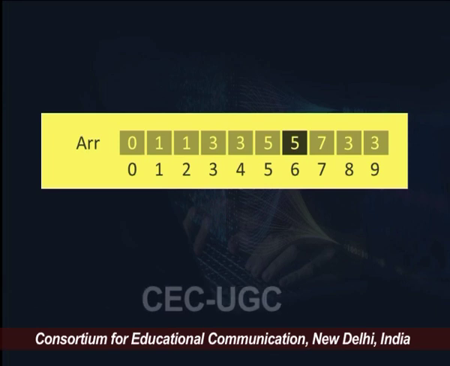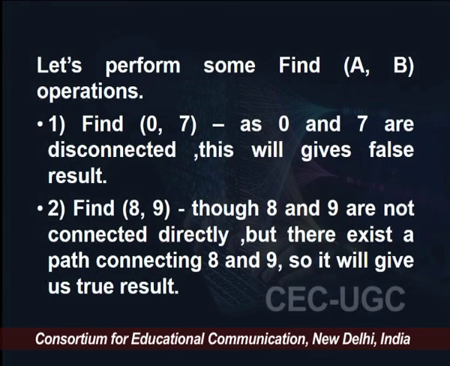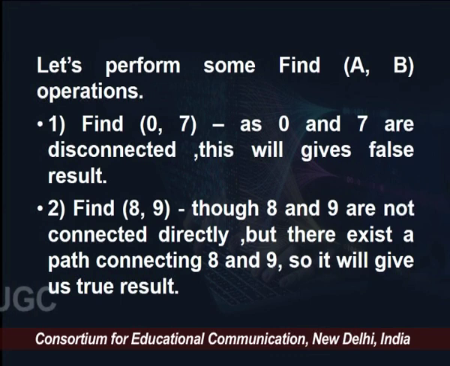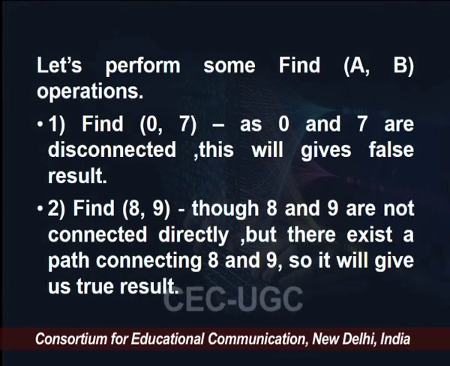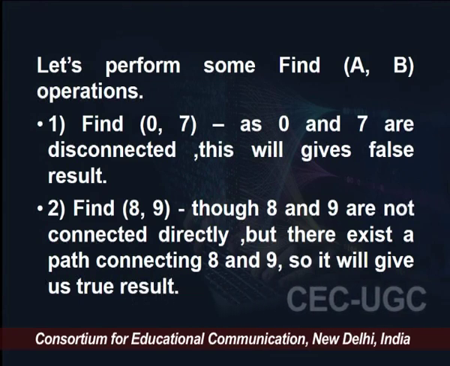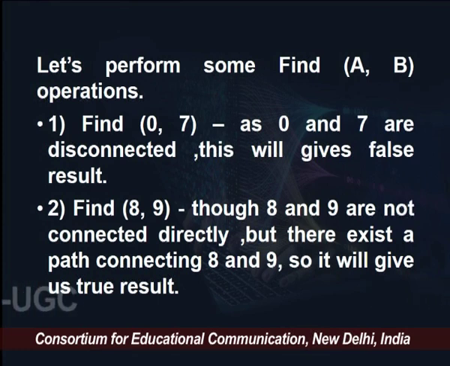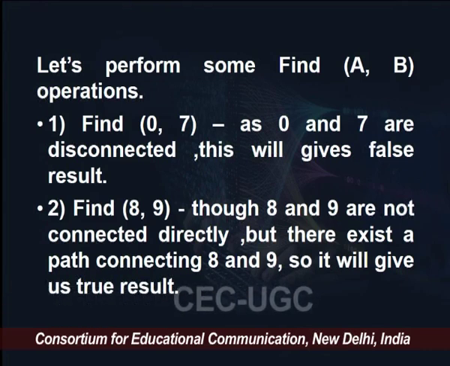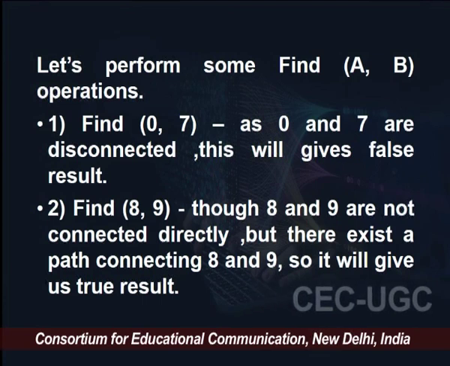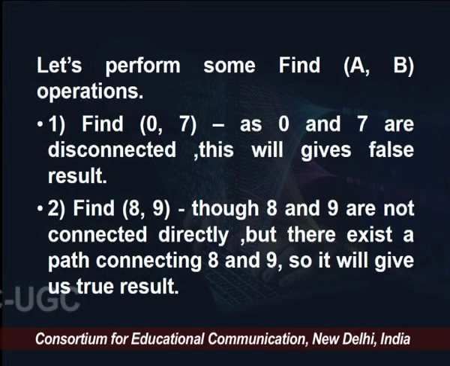the result. But if we run this query, which is find 8 comma 9, for the elements 8 and 9. Although 8 and 9 are not connected directly because there is no direct edge between 8 and 9, 9 is connected to 3 and 8 is connected to 4 and 4 is ultimately connected to 3. But there exists a path connecting 8 and 9.